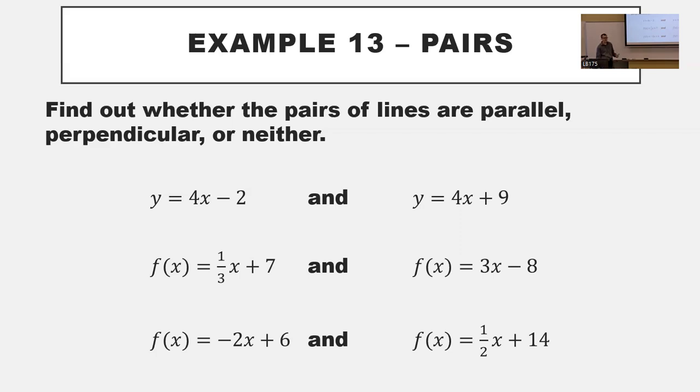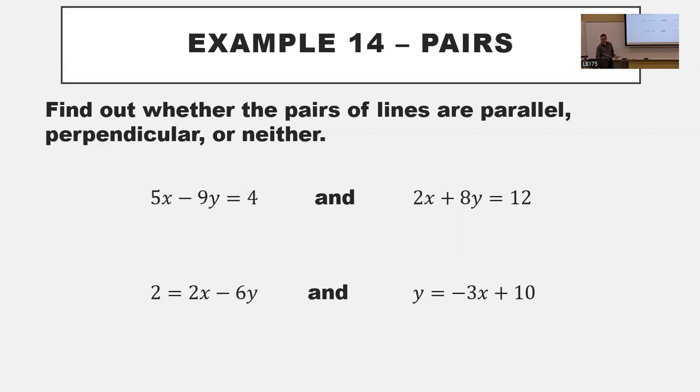Now that we know parallel and perpendicular lines, we can use those to find equations of lines. In the previous example, example 13, our lines were always in slope-intercept form.